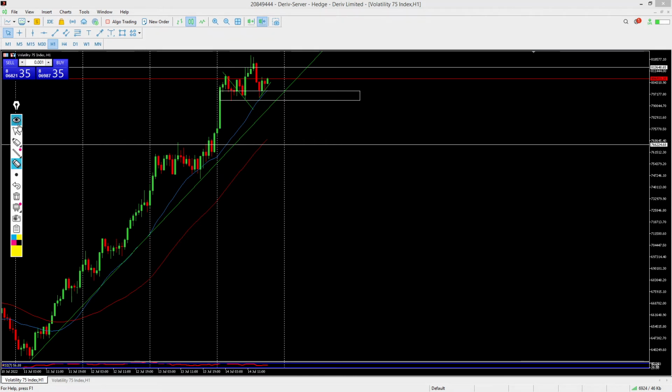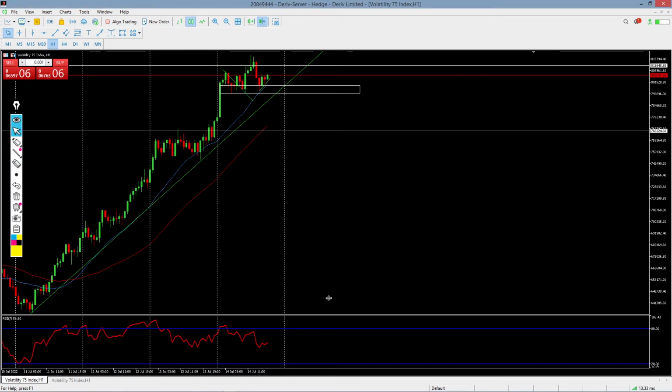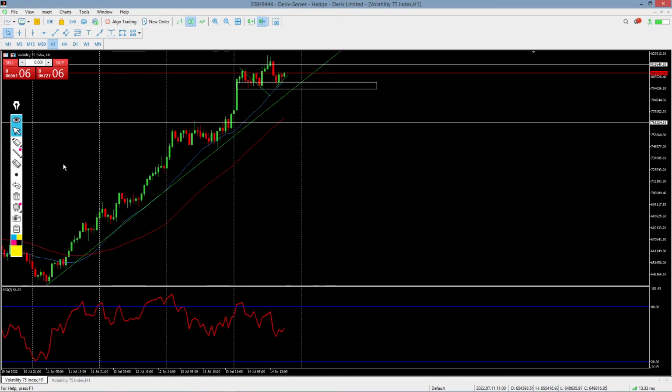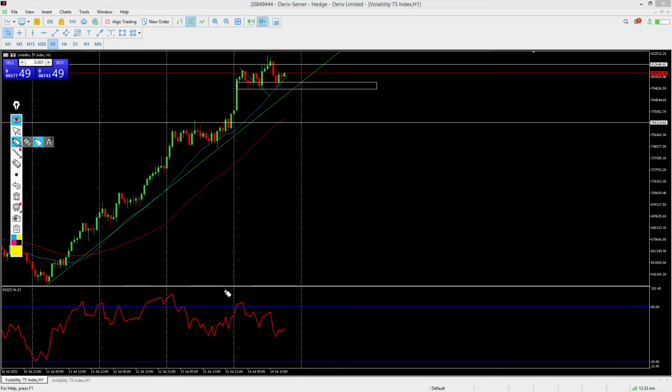If we build up more confluence, guys, and take a look at our RSI, we can see that price is starting to create a divergence. Price was creating higher highs, and here we can already see price creating lower highs. So that's already a sign of divergence on the Volatility 75 market.